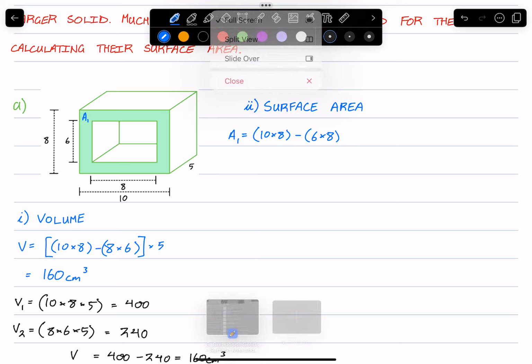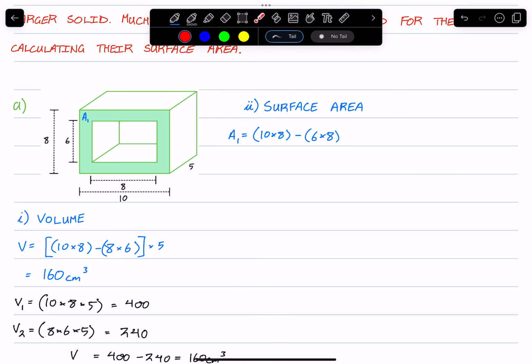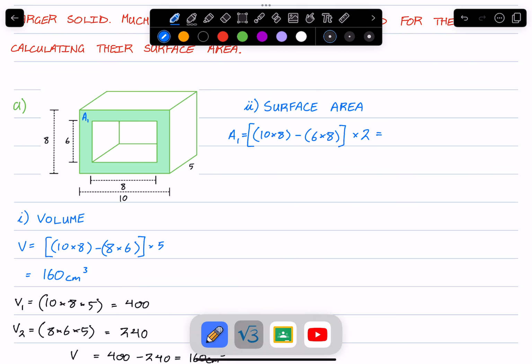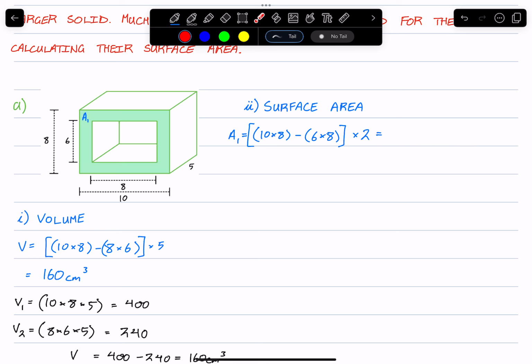So this calculation is accounting for the highlighted green section here. But if you can imagine that there's an identical shape of this on the rear of this shape, so we're just going to immediately take all of this and double it. Okay, so that's the first one. As you can see, we can easily calculate that, so I'm going to leave that until the very end.